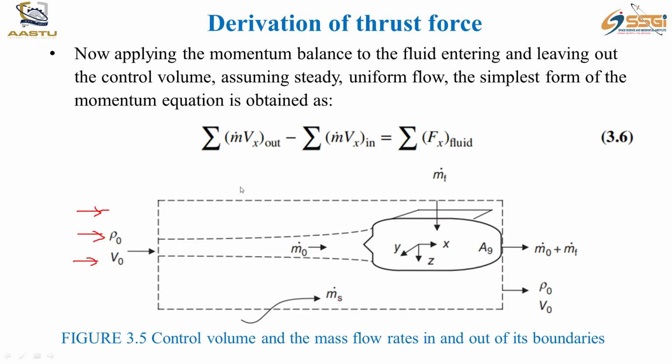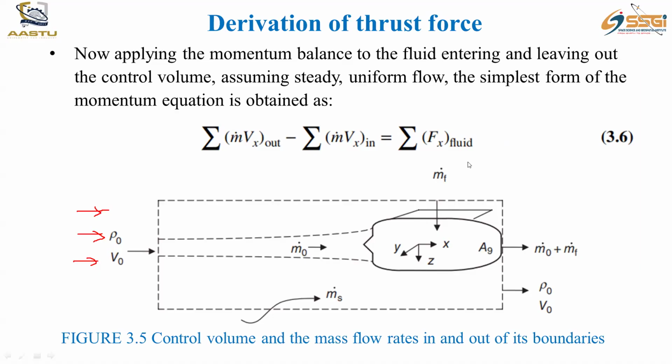So this is just a general system for momentum balance, and the momentum out minus momentum in. The x direction, just the flow direction, is considered, considering the quasi one-dimensional flow and assuming the steady uniform flow, we have the simplest form of the momentum equation.